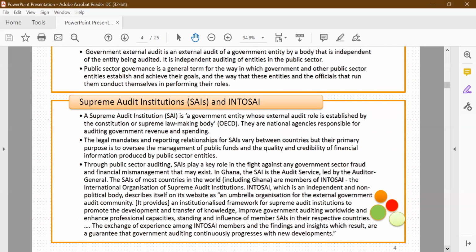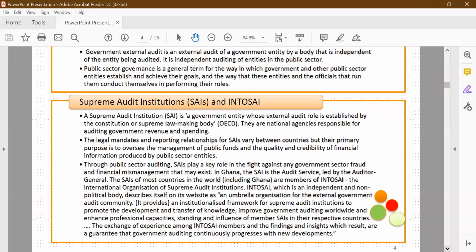So when you hear Supreme Audit Institution, you should know that a government entity has been given the mandate to fulfill an external audit role by the Constitution or a supreme law-making body. So constitutional powers have been granted to a government entity which allows them to perform external audit roles. That's what we call a Supreme Audit Institution.